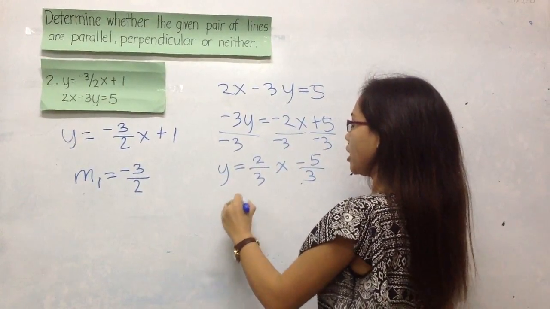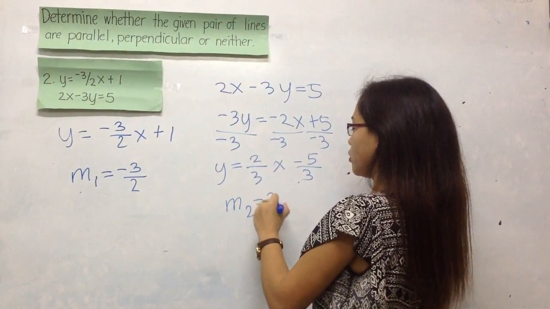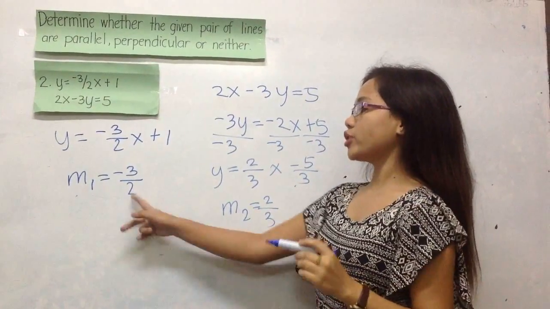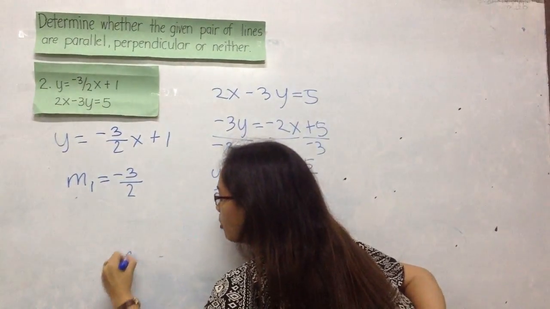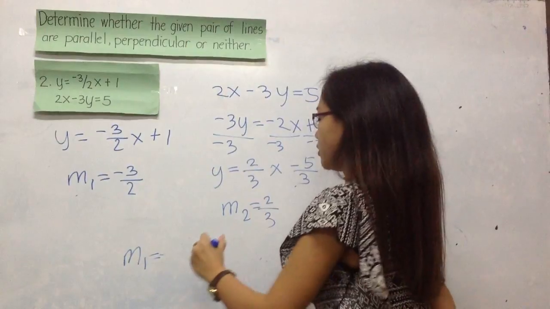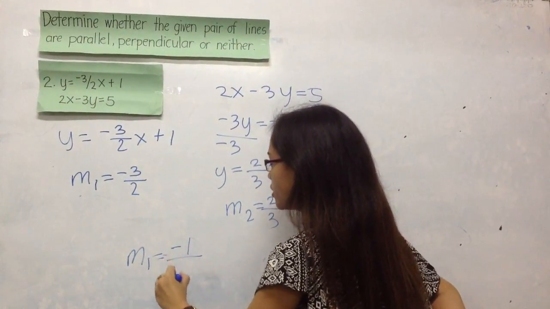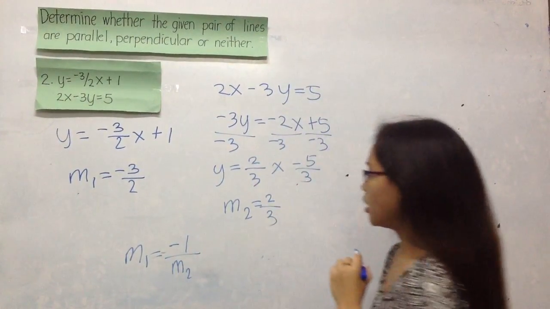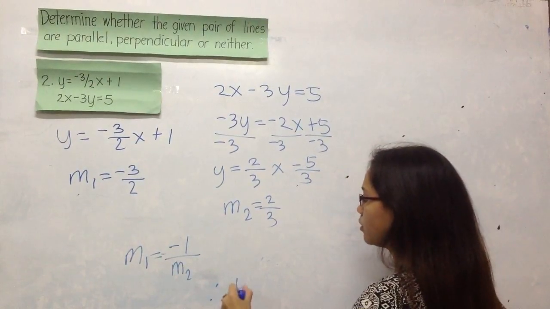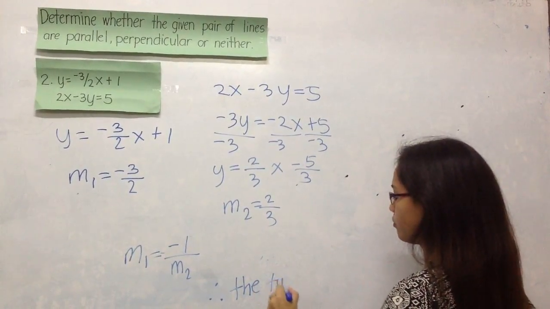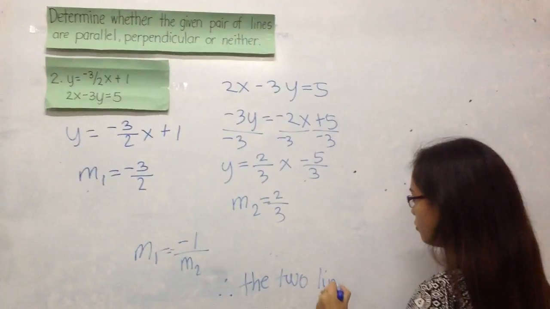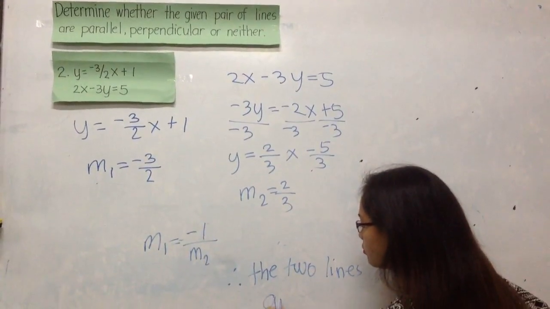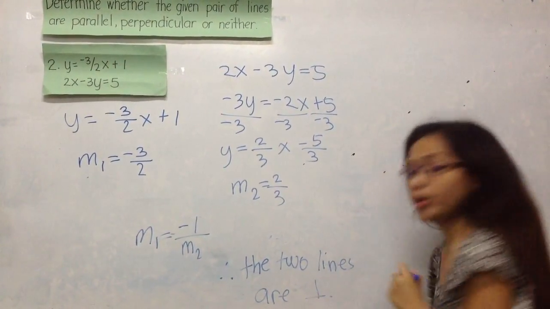So the slope of the second equation is 2/3. As you have observed, the slope of the first equation is the negative reciprocal of the slope of the second equation. Therefore, the two lines are perpendicular.